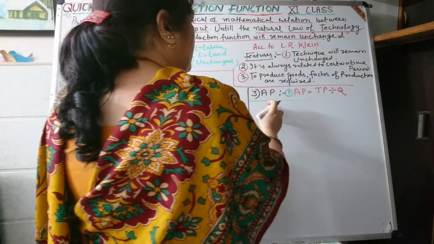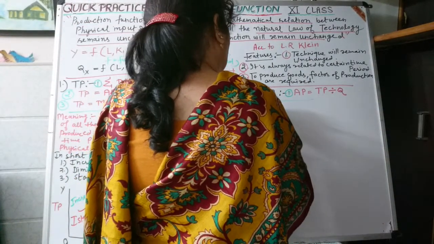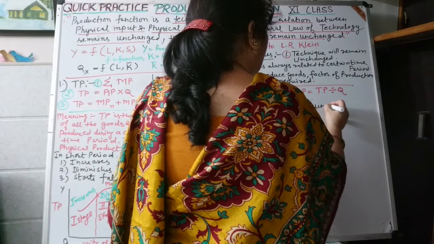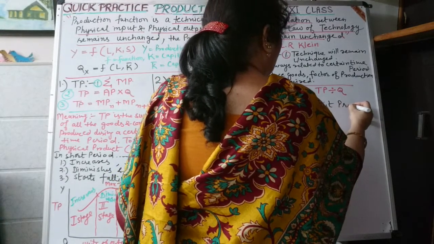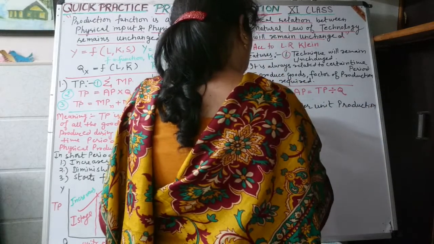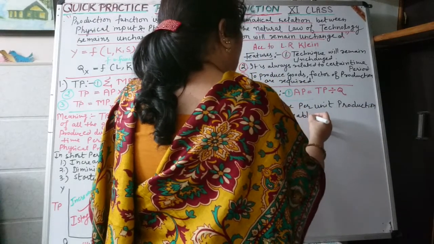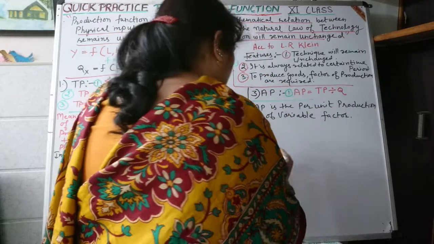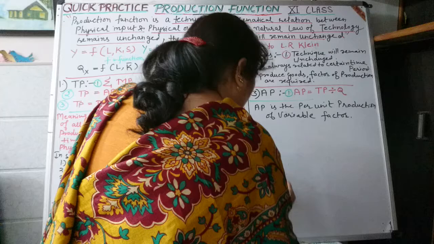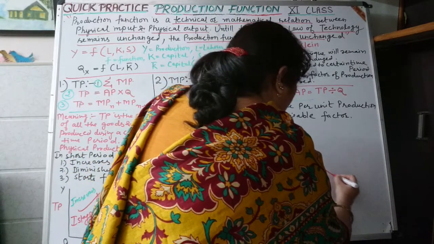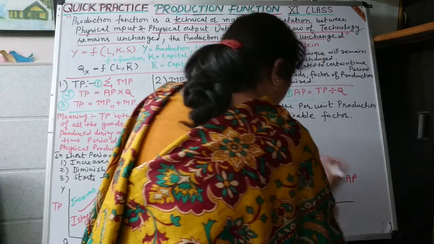Then what is meant by average production? Average production is the per unit production of variable factor. This is the shape of average production.